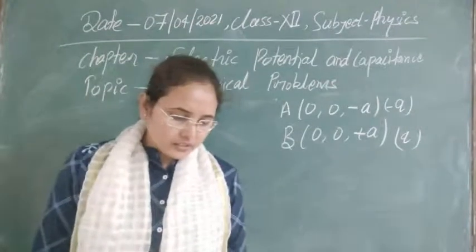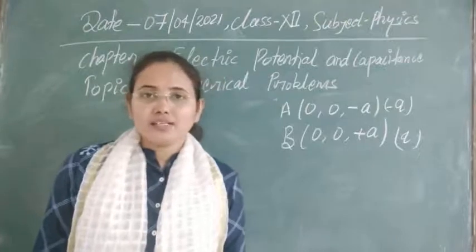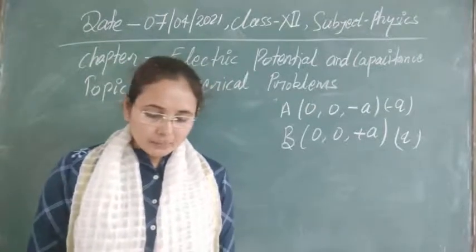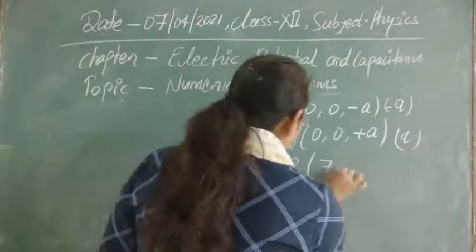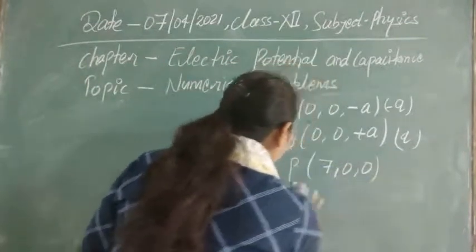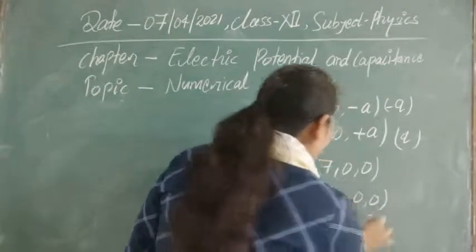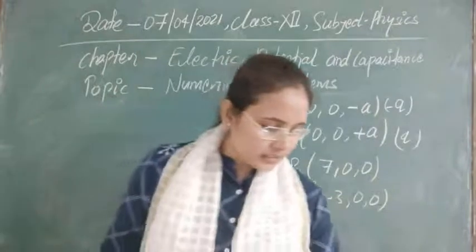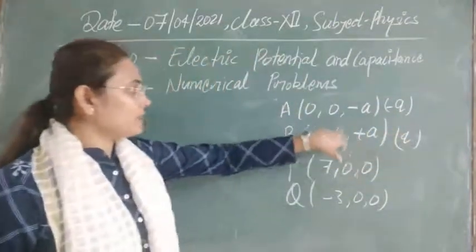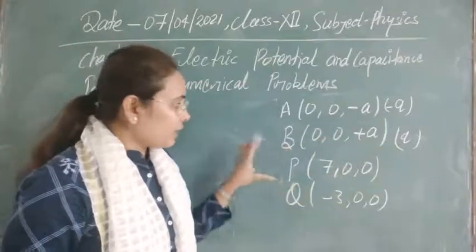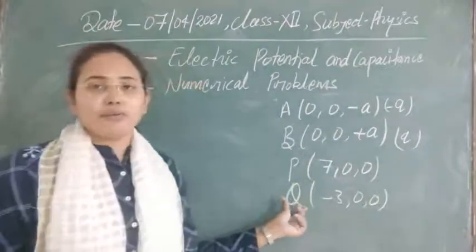Then the question is, how much work is done in moving a test charge q0 from point P to point Q. Here point P's location is given as (7, 0, 0) and point Q is (minus 3, 0, 0). So this is our question, in which two charges minus q and plus q are located at these points, and we are moving another charge q0 from P to Q, and we have to calculate the work done.